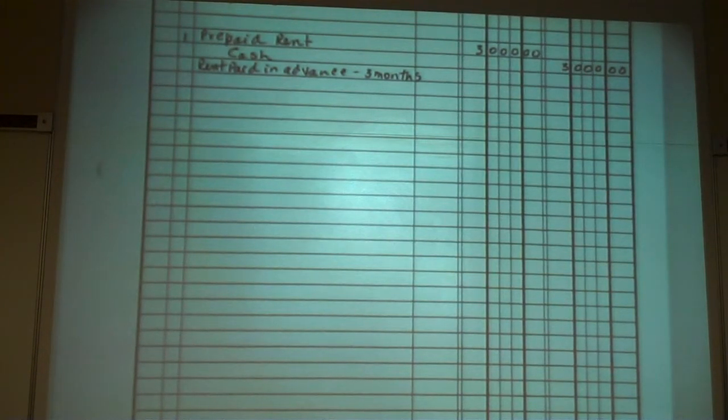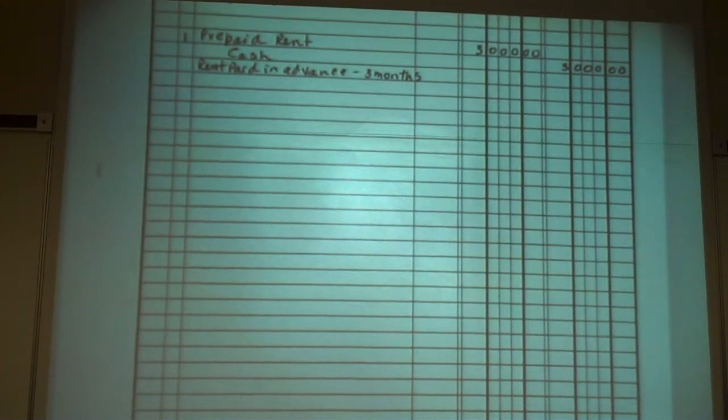Prepaid rent. And if we weren't sure what that account name officially was, how it was listed, look back at your chart of accounts. They gave you a great chart of accounts to go by. $3,000, $3,000. Rent paid in advance, and I wrote the months.